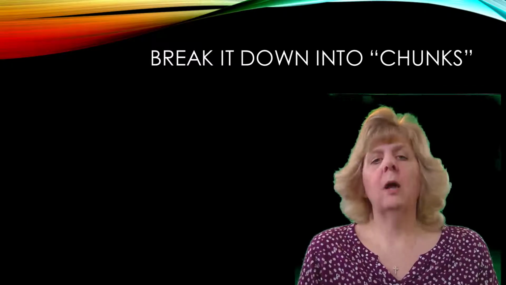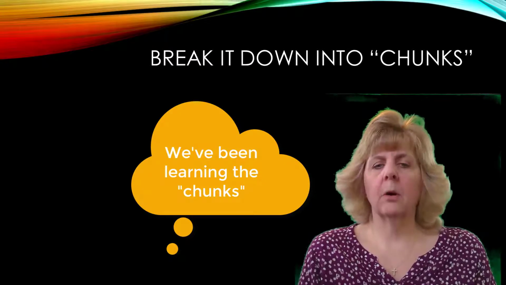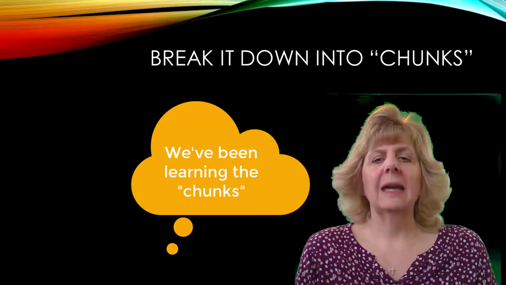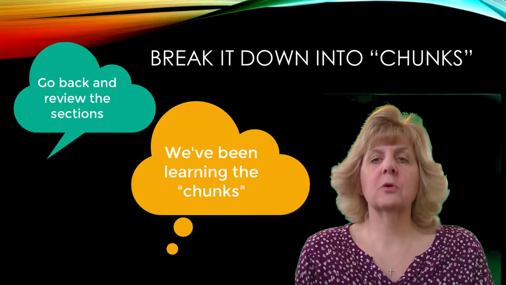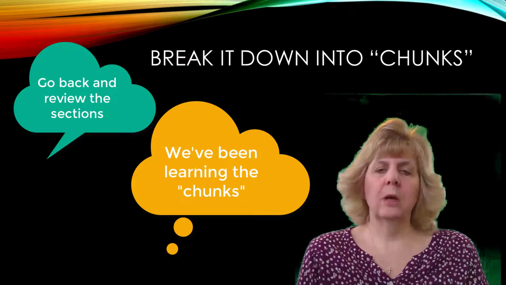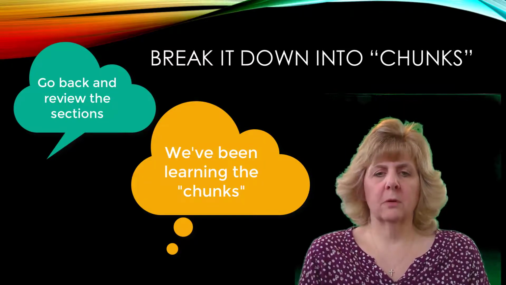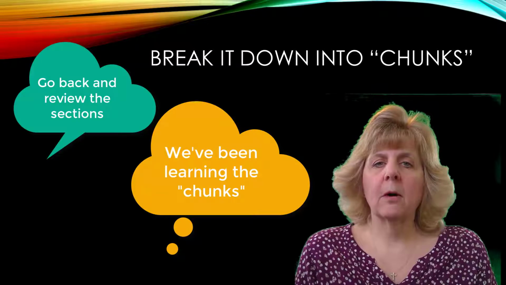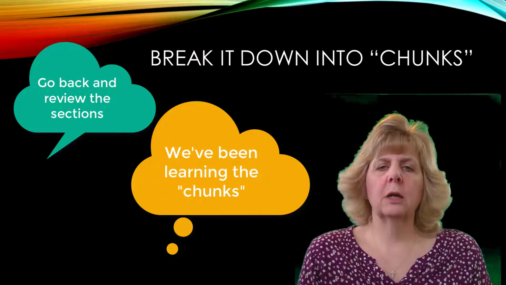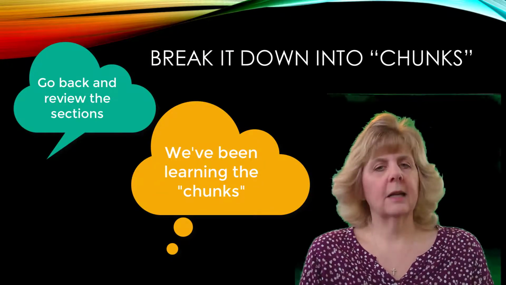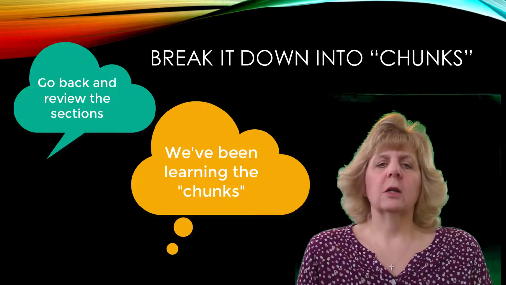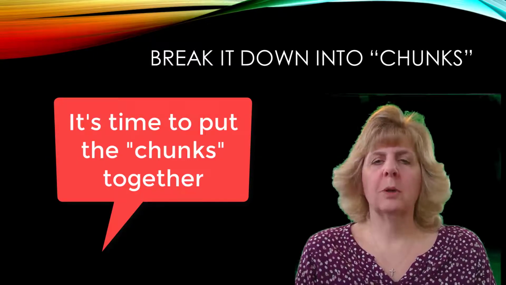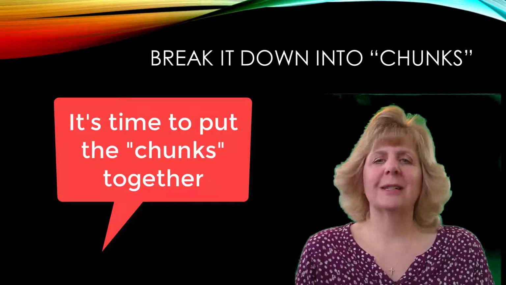The only way we're going to be able to remember all the different parts is to go back and recapture the information that we learned in previous chapters. You will remember that I encouraged you to learn it in chunks. That's my word. And today we're going to learn to put all the different chunks together.